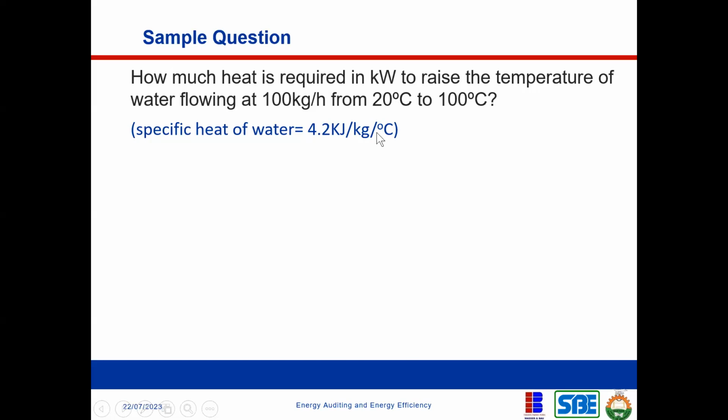What that means is that water can carry the highest amount of heat or energy per degree centigrade. So for a 1 degree rise in temperature, water can absorb or release 4.2 kilojoules per kilogram. That's what the specific heat of water is.